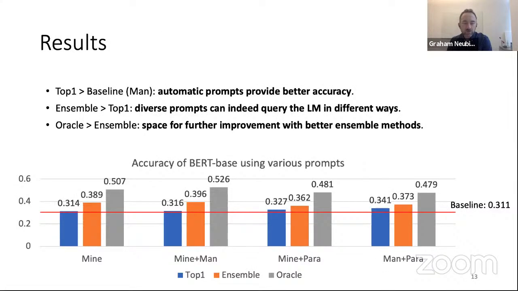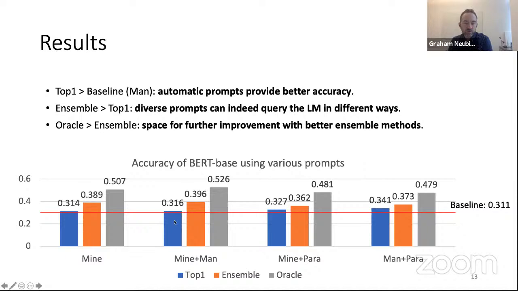So here are the results. And the first thing that we can see is that the red line here is the manually created results. Compared to the results from the manually created prompts, we can see that mining does a bit better when we use the top 1 prompt.